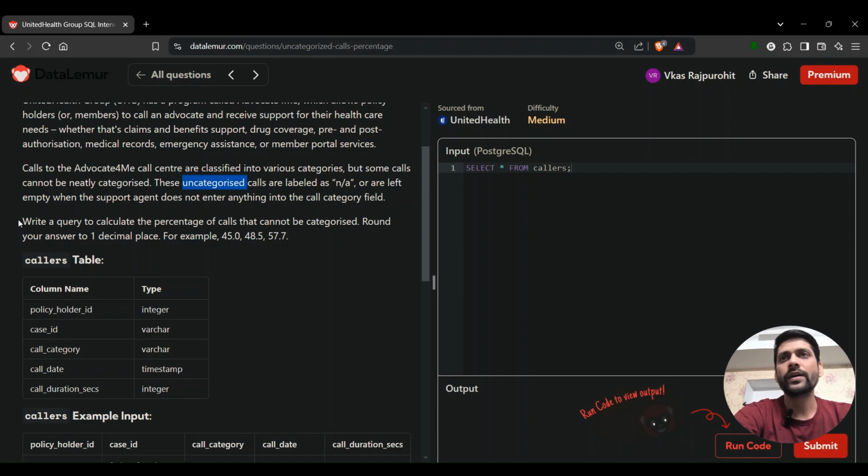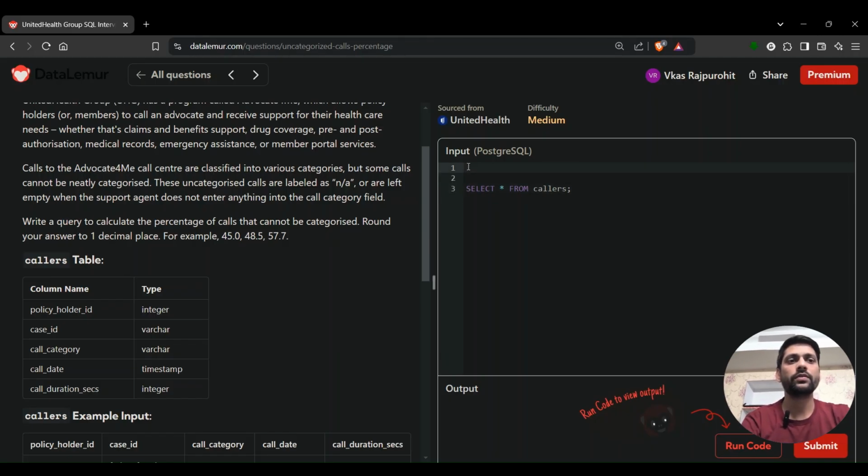So what is asked in this question? Write a query to calculate the percentage of the calls that cannot be classified. So we first need to calculate the count of the uncategorized calls, then total calls. How do we calculate the percentage?